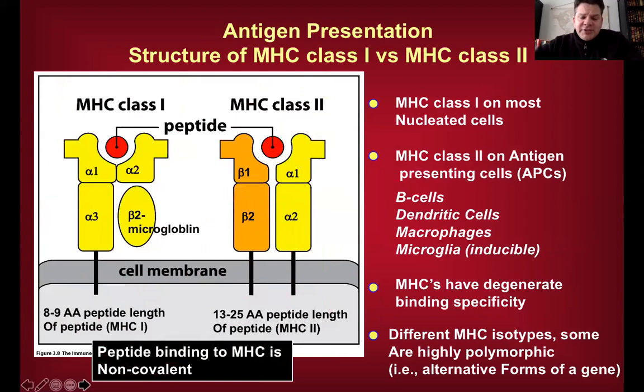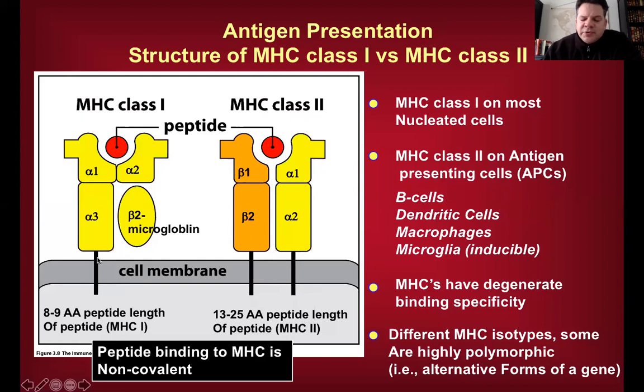So these are the two MHC molecules, MHC 1 and 2. And I want you to notice a little bit of difference about the structure. Okay, so MHC class 1 is made up of 3 alpha subunits, alpha 1 here, alpha 2, and alpha 3. There's only one transmembrane domain.